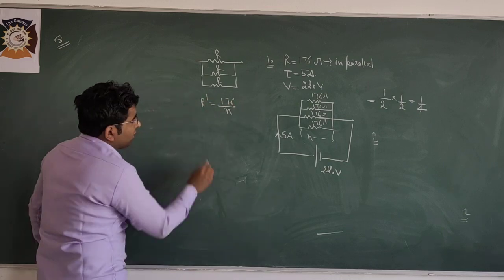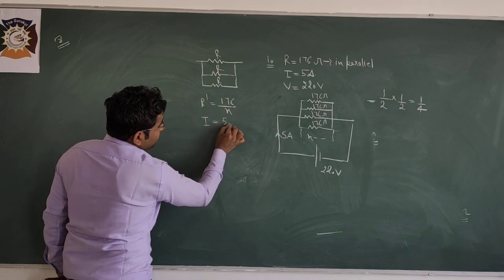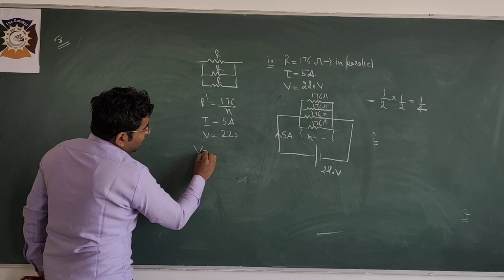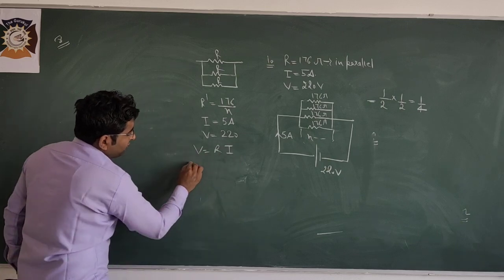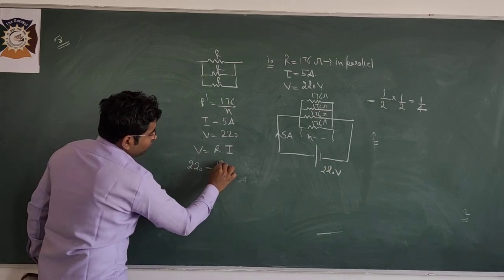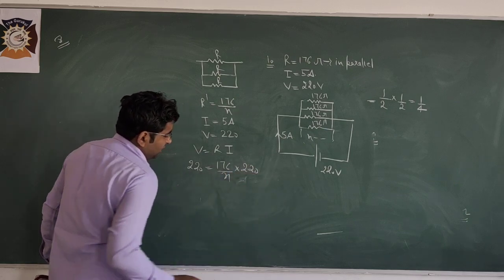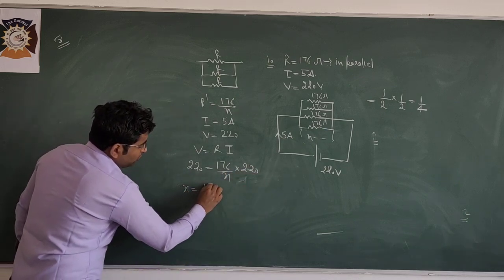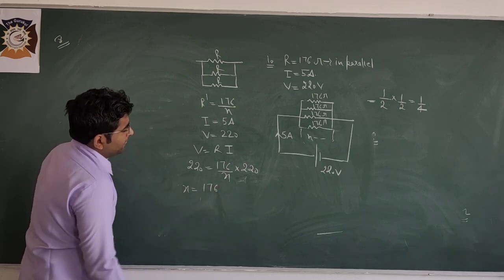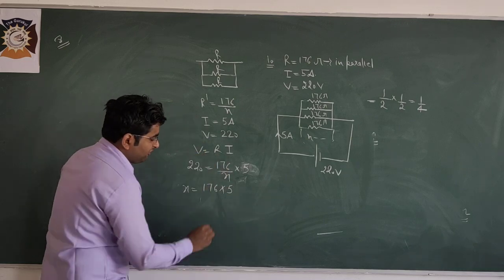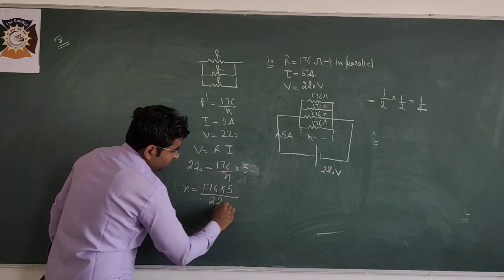Current is 5 ampere, voltage is 220. So V equals R i, where V is 220, R is 176 upon n, and current is 5. Clear? n is equal to 176 into 5 divided by 220.